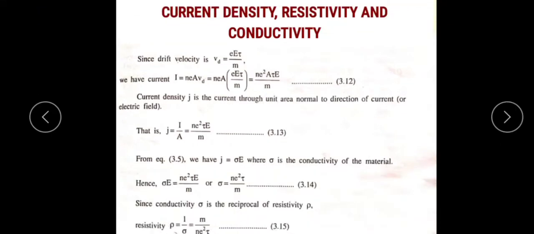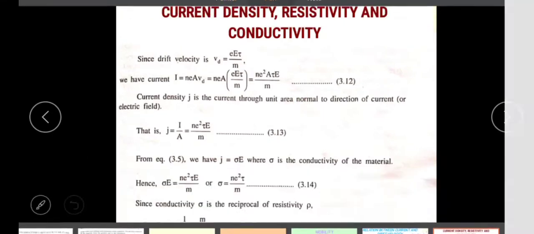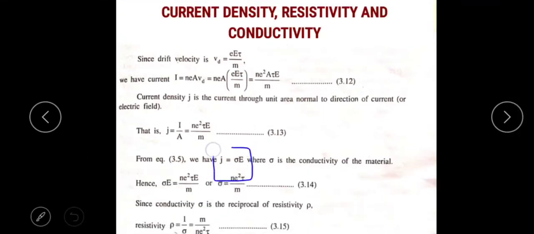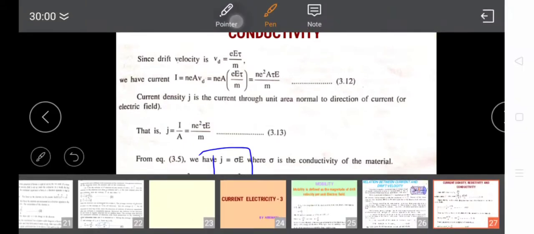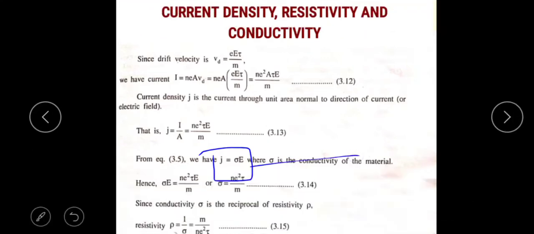Then from equation number 3.5, which we already learned in the last session, the relation between current density, conductivity and electric field is J equal to sigma into E, where sigma is the conductivity of the material.